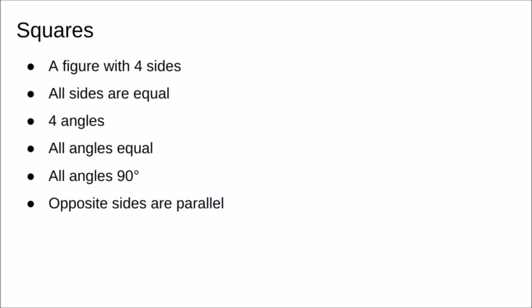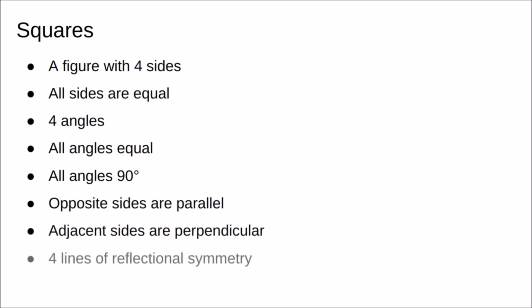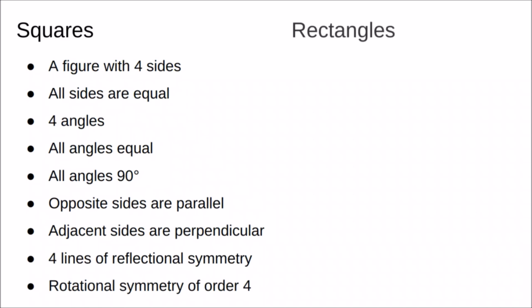I might have to ask questions like, what about things that are parallel or perpendicular to get these comments? And I might push a little, what about symmetry, to get the last two. Next, I write rectangles on the board.